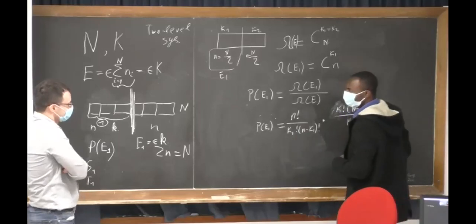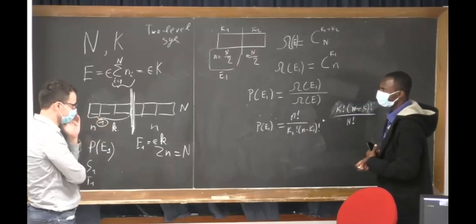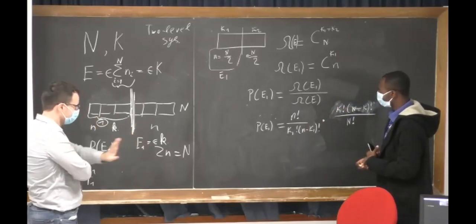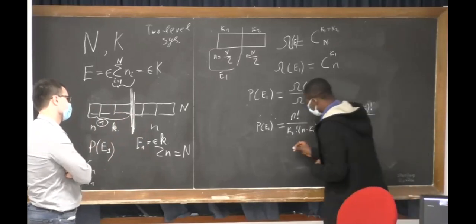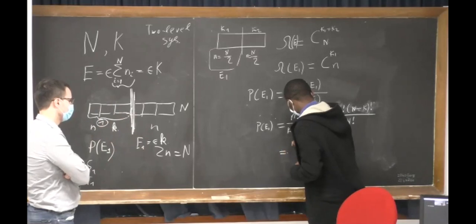You can approximate it with the Stirling formula too if you like, but I don't need that for this problem. It's fine to deal with it in this form. Just replace K1 with E1.